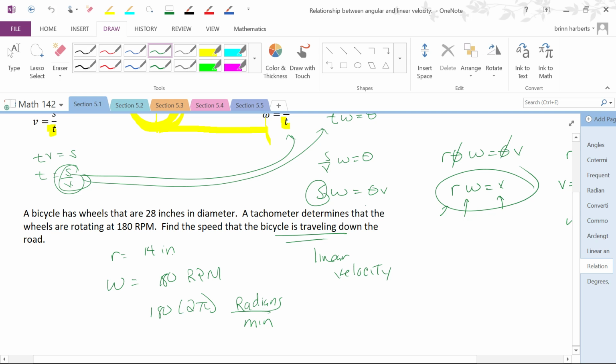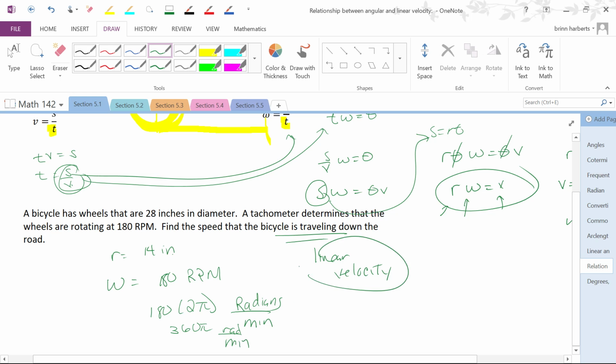Since I used the arc length formula, when I substituted I said s equals r theta, I by default am thinking about radians now, because the arc length formula only works well without some conversion factors if everything's in radians. Okay? So I'm stuck with this. Radians are really helpful, like it or not. So I end up here having 360 pi radians per minute.